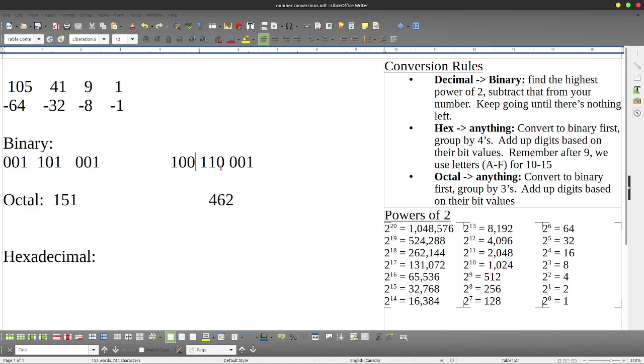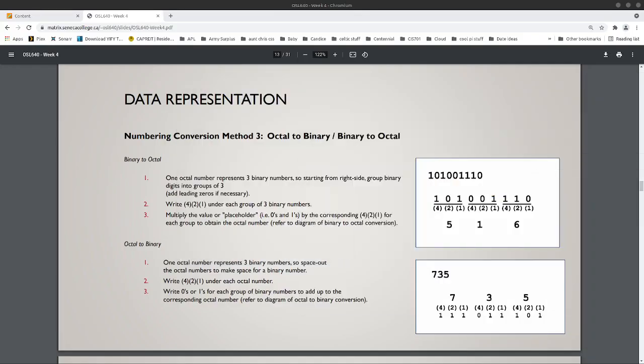And then just concatenate that number together, and we have the binary representation of this octal number. Hopefully that makes sense. We can go over some more examples on Friday's lecture.